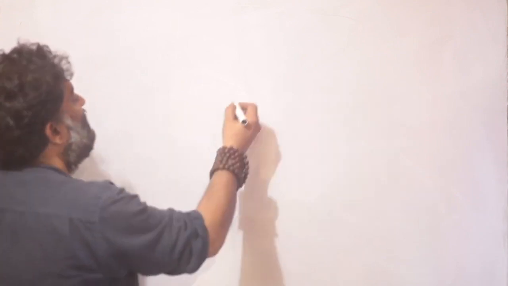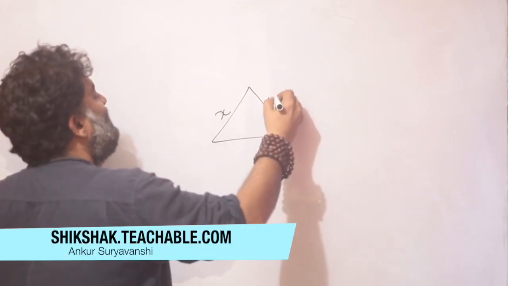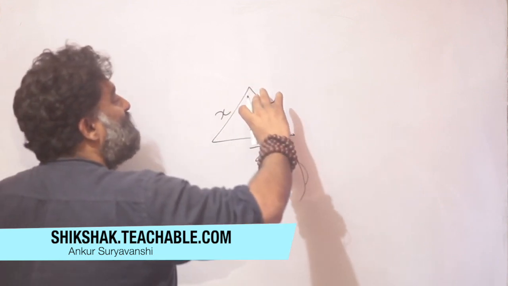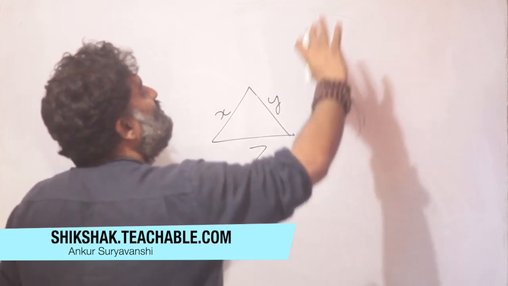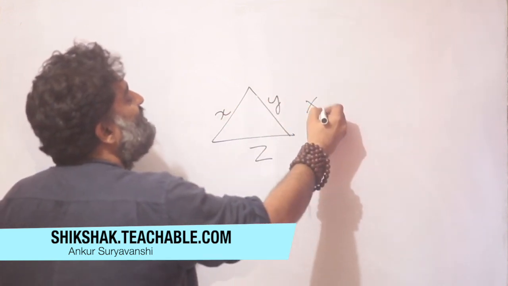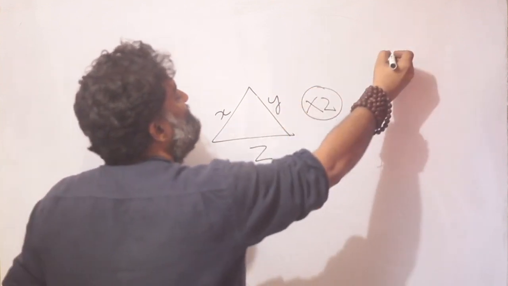Let's say, thinking of triangles specifically, I have a triangle and the sides are x, y and z. And I say I want to make a copy of this triangle, but a bigger copy, and I multiply everything by 2. You can also think of this as doubling the triangle in terms of size.